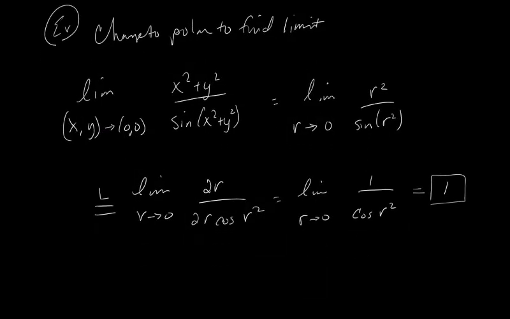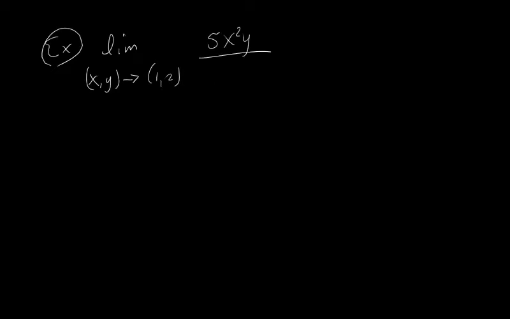Okay, so now let's do one where we can use direct substitution. Example: let's find the limit as (x, y) approaches the point (1, 2) of 5x squared y divided by x squared plus y squared. The only thing not in the domain of this function would be the point (0, 0).